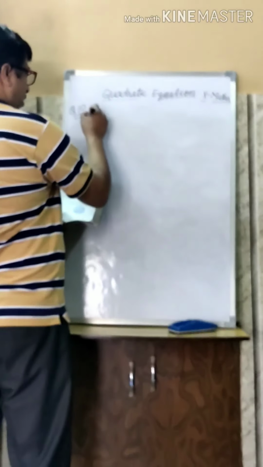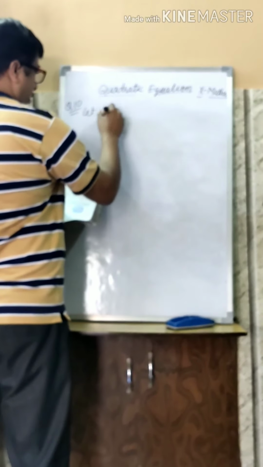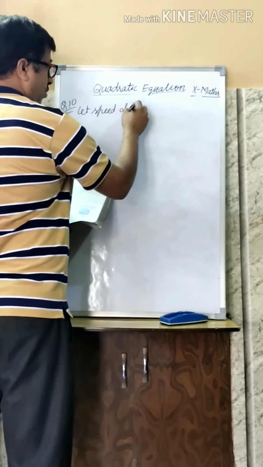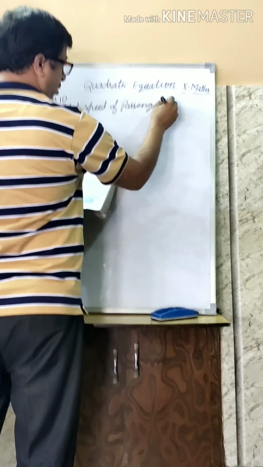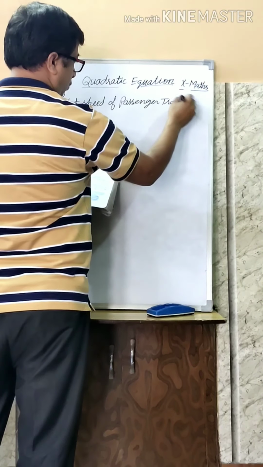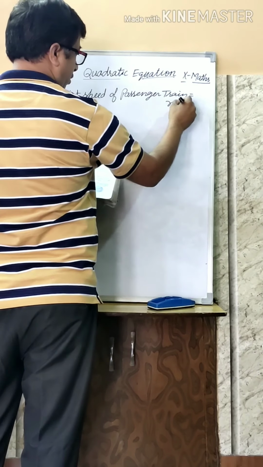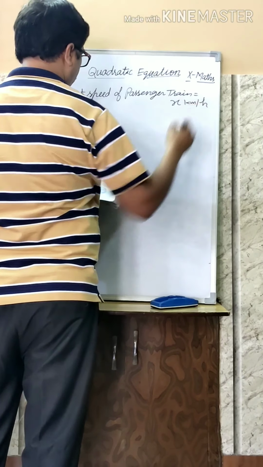So you start, let speed of passenger train is equal to x kilometer per hour.